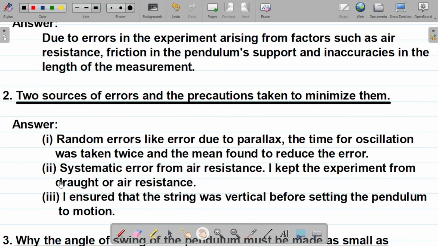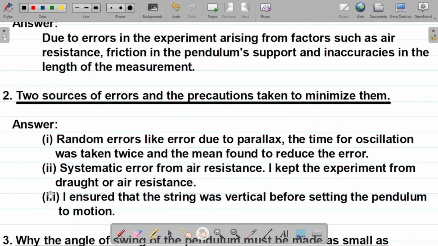That's number 1. The second source is called systematic error from things like air resistance. So when you have the pendulum bulb swinging left and right 20 times, sometimes air resistance can make it swing slower. So one of the possible sources of error is systematic error from air resistance. To avoid this, we can say I kept the experiment away from draught or air resistance.